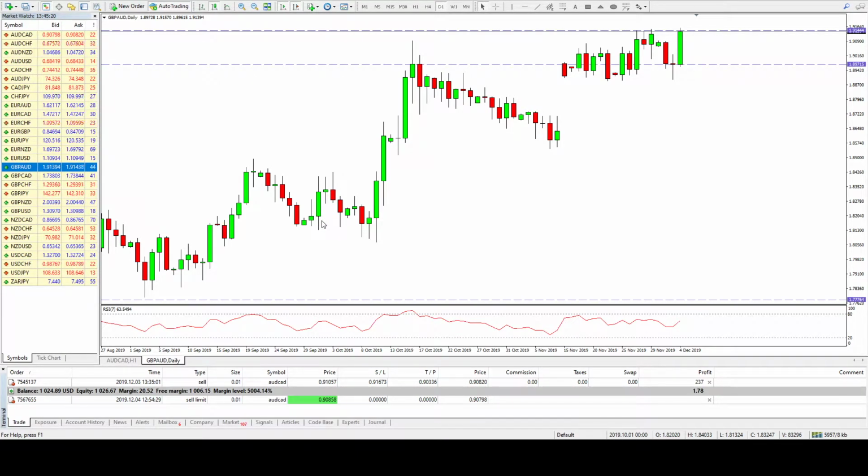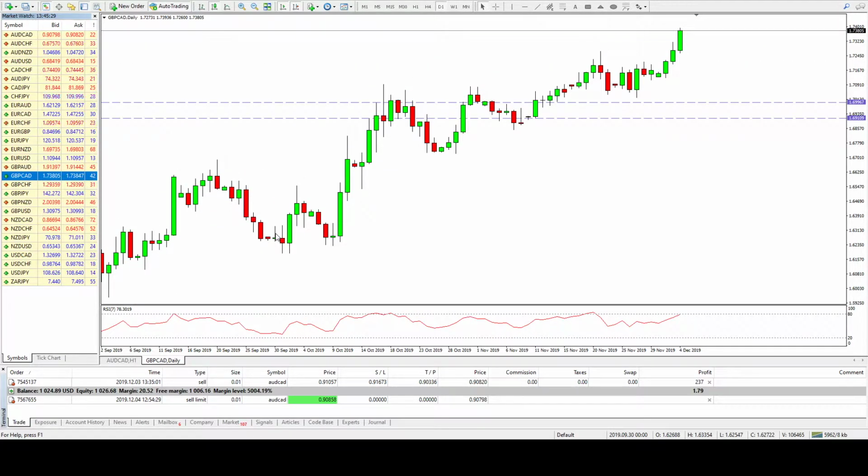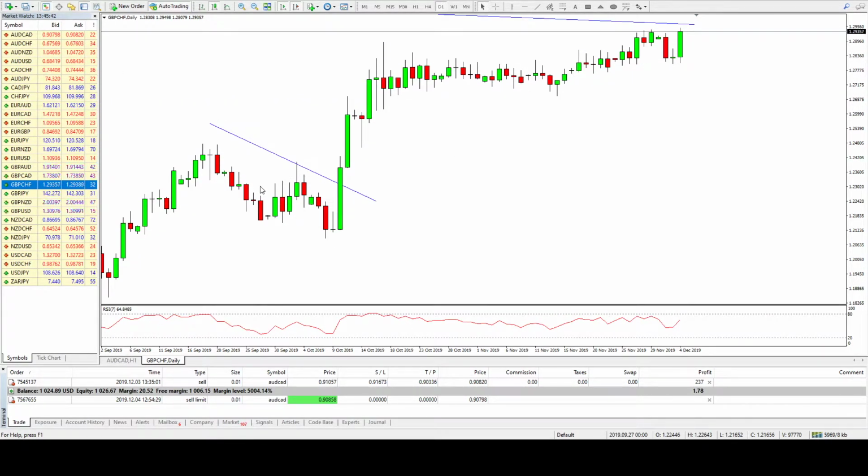That's Aussie, pound Aussie. Pound cat also broke through. Pound CHF.